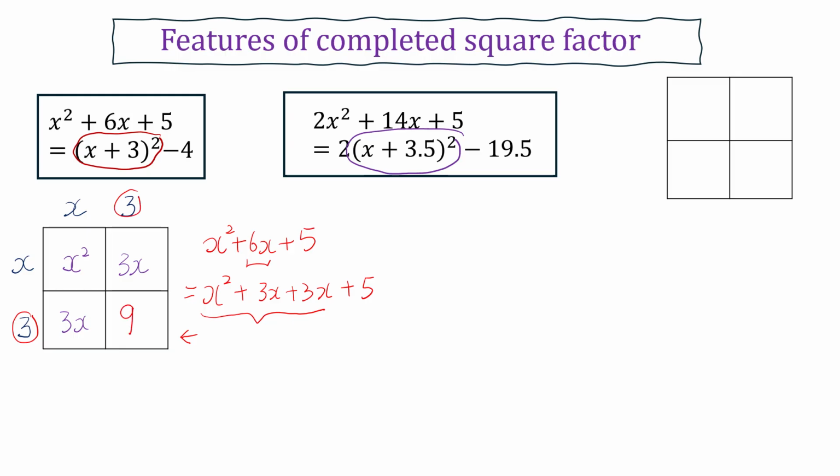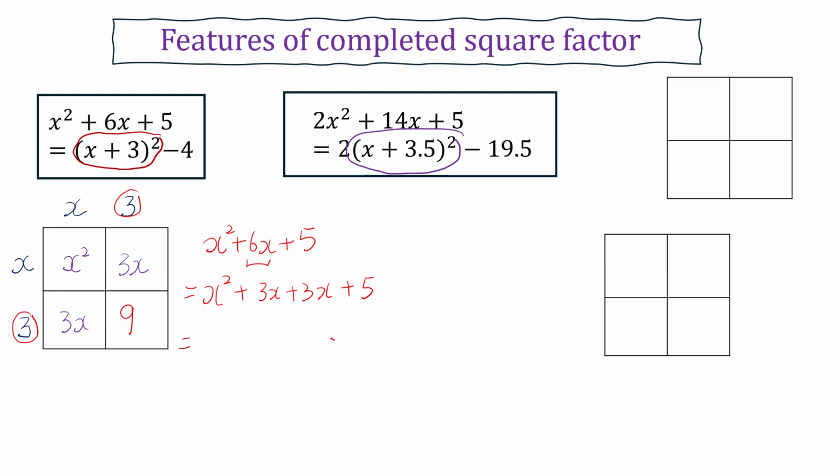So therefore, we can factorize this x squared plus 3x to be (x plus 3) times (x plus 3) minus 9.